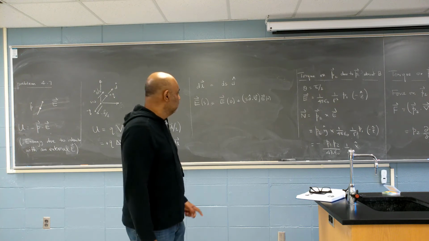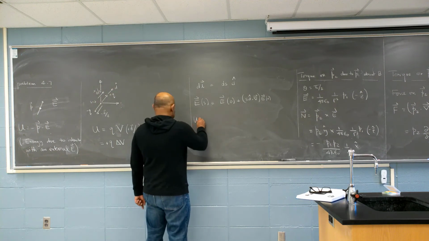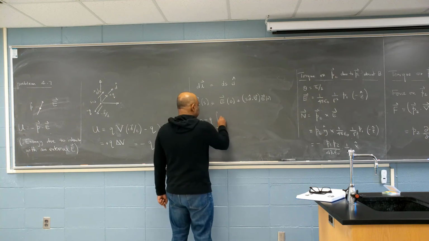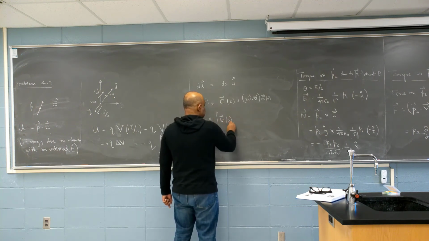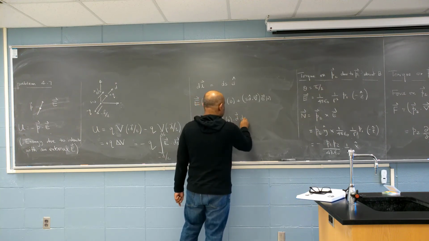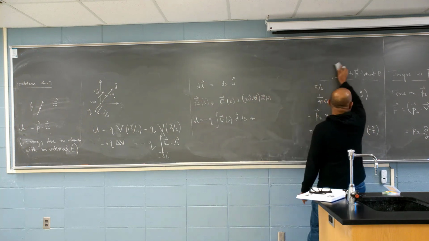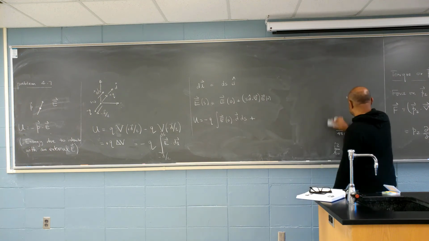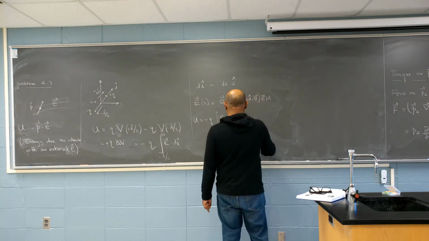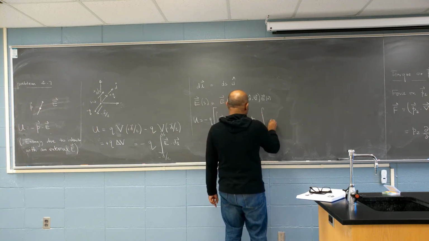And I stick this back in. So U is going to be equal to negative Q. Let me do my favorite integral first, plus the integral I'm not going to do, but I have to explain why I want to do that. Plus, I'm going to factor the negative Q out. Integral.